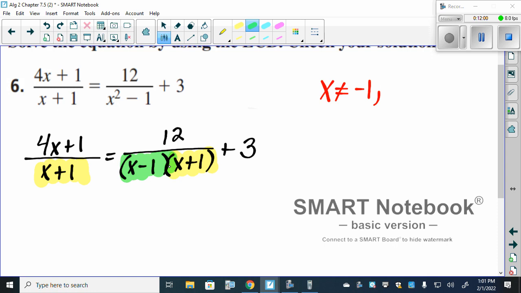Now we also have an x minus 1 in the denominator, so 1, because 1 minus 1 would give us 0. So in this case here, x cannot be negative 1 or positive 1. We can't have it be either of these here. Now what do we need to multiply each of these terms by?